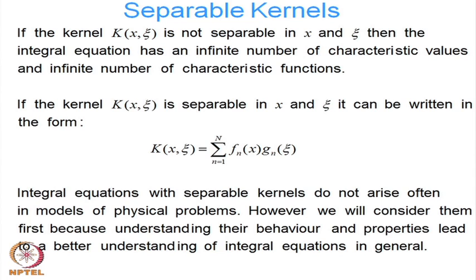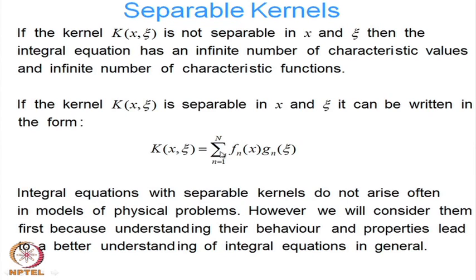Now, as I said, why do we concern ourselves with integral equations with separable kernels? Well, because they give us insight into the general problem. But it is important to point out that in most real world problems, when do we get integral equations? As a result of some sort of modeling. And when we model a physical problem, we generally do not end up with an integral equation with a separable kernel most of the time.